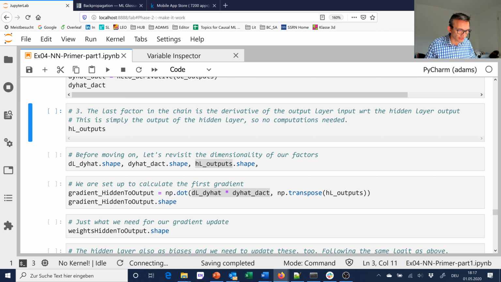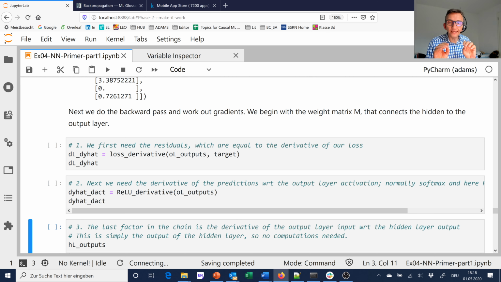Anyways, where was I? Here. Okay, so we need the derivative of the loss with regard to our hidden to output weights. And now we need to go through the computational graph in a backward manner to see what bits we need.